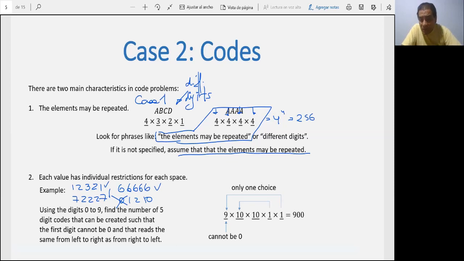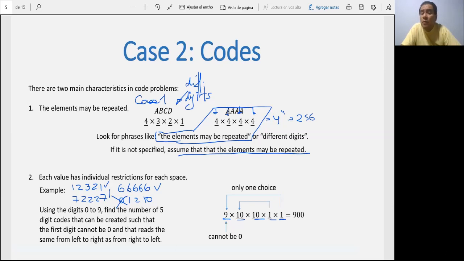And if you set the 5 spaces, right, for the 5 positions of the code, you can reason that the first one, since it cannot be 0, you can just have 9 options. Okay, you just drop the option 0. Then for the second and the third, in all the codes here, you can see that you can freely choose any possibility. Since they don't mention anything about repetition, you assume that the elements may be repeated. So you have the full 10 choices in the third position as well.